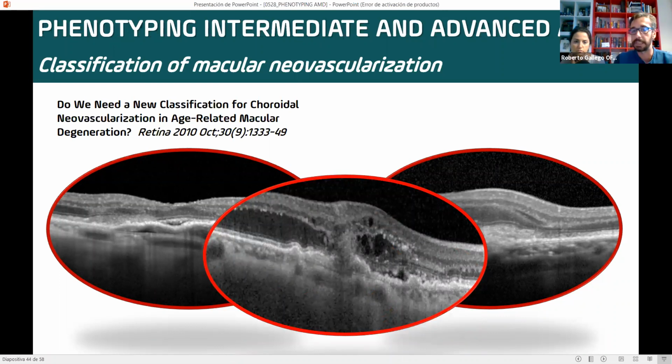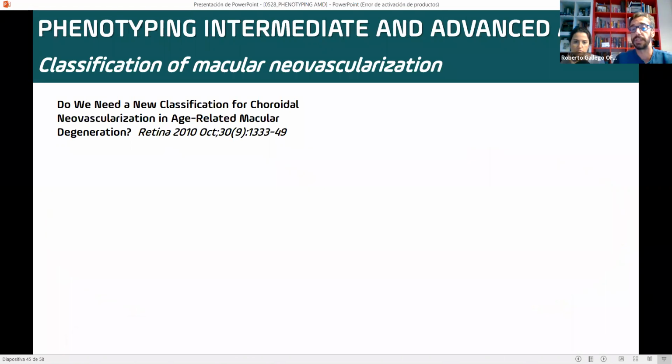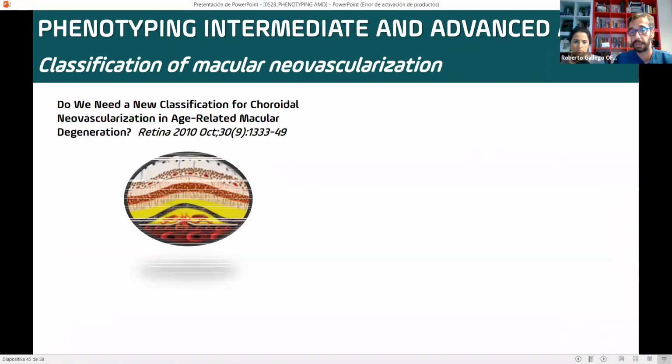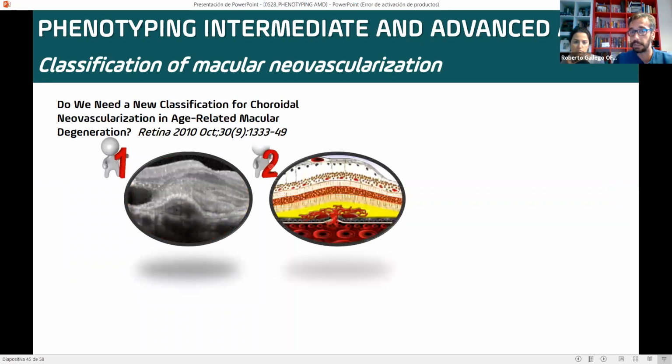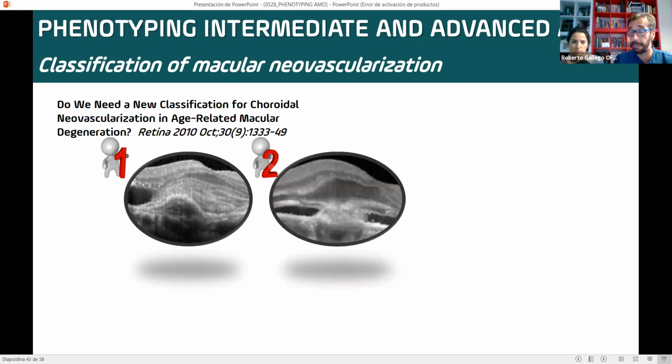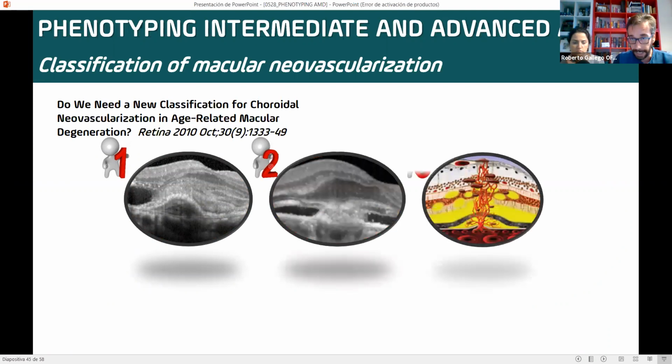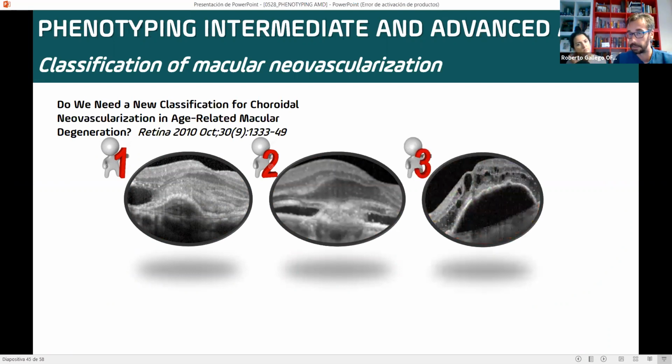Donoso described as retinal angiomatous proliferation, and Dr. Freund included this as the type 3 lesion in patients with neovascular AMD. So in summary, we have type 1 lesions under the RPE, type 2 lesions on top of the RPE, less than 10% of cases in AMD, and type 3 lesions, intraretinal neovascularization.